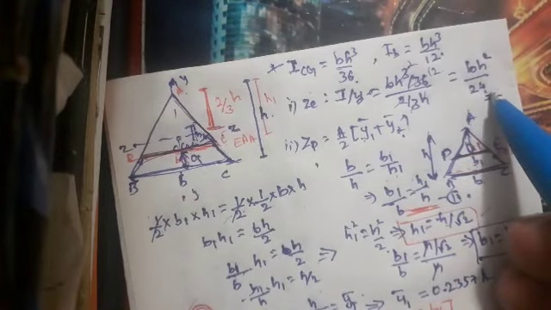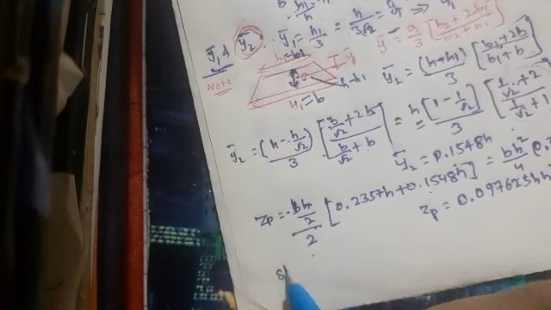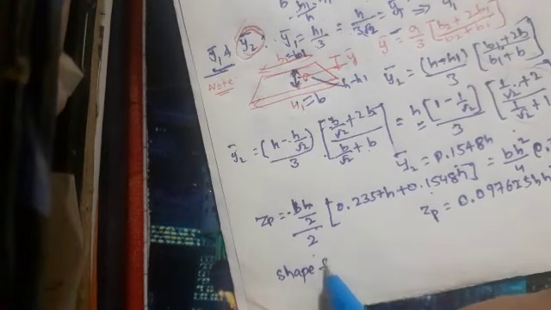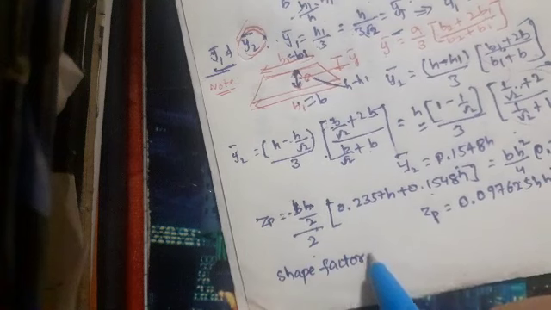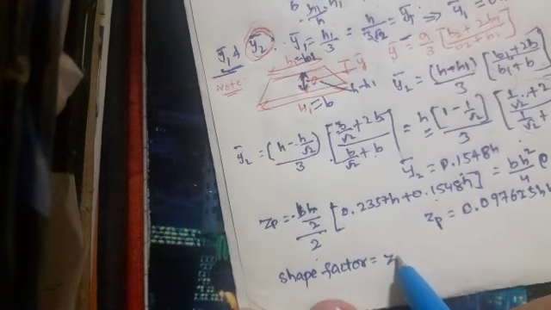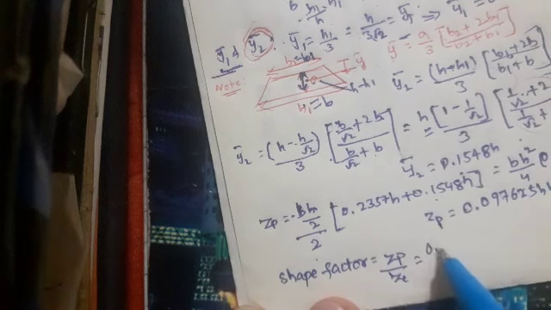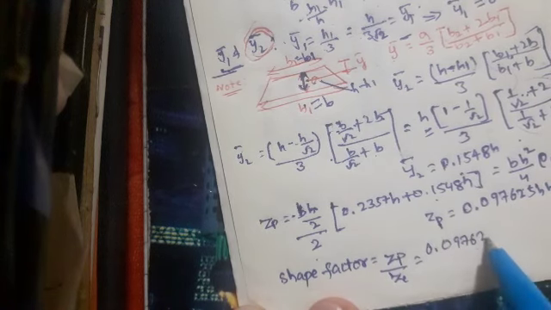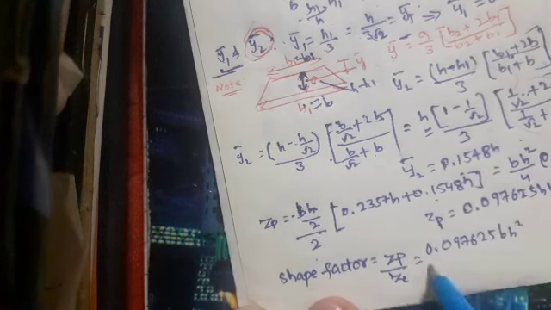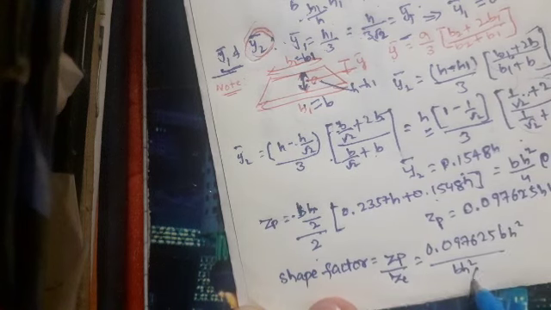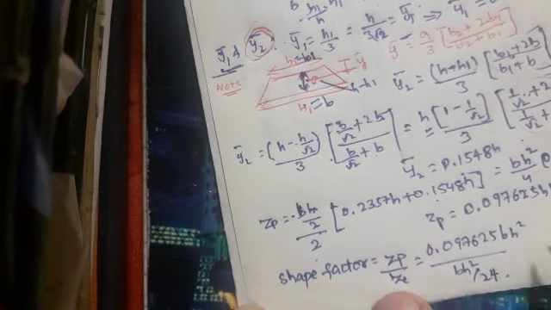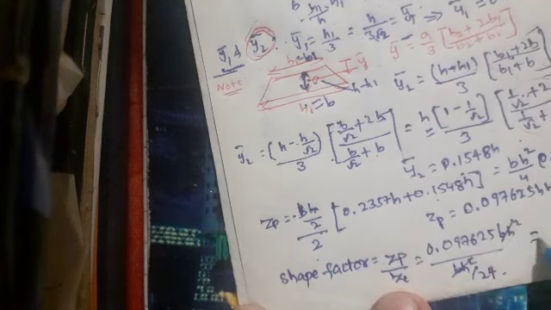So I am going to substitute Zp and Ze to get the shape factor. Therefore, the shape factor for the given triangular section is equal to ZP divided by ZE, which is 0.097625 BH square divided by BH square by 24. BH square gets cancelled.